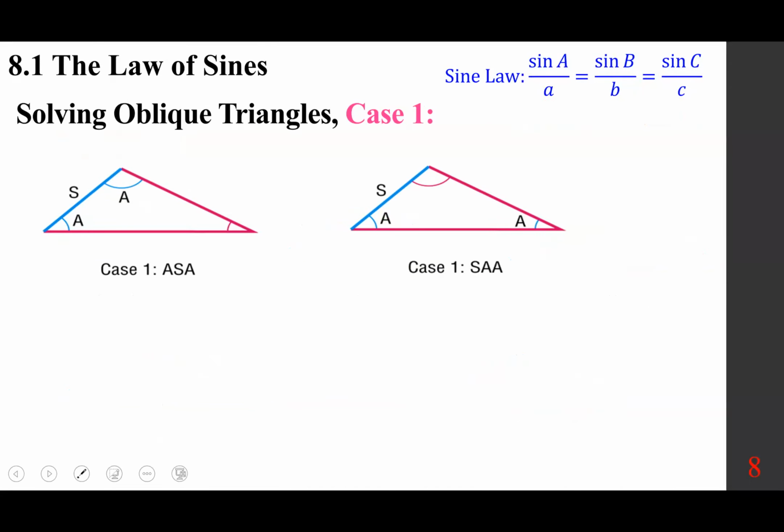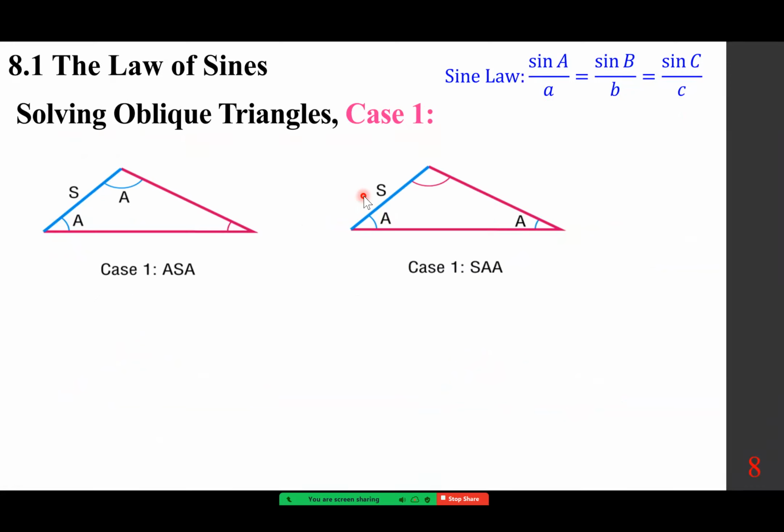Case number 1, we have two angles and a side. In this case, the side is in between. In this case, it's not. ASA, angle, side, angle, and SAA, side, angle, angle.